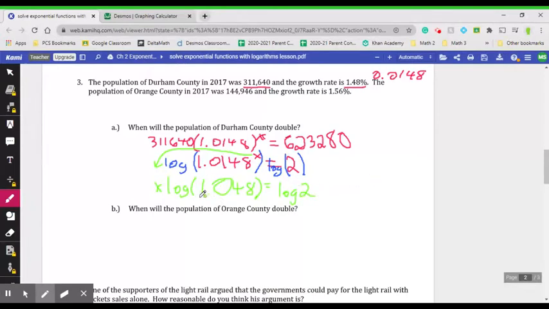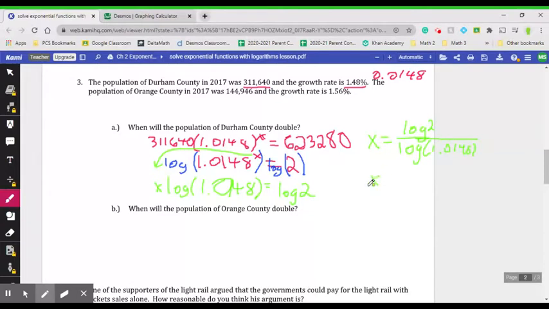And we just would divide by this logarithm. So our x value is going to be equal to the log of 2 divided by the log of 1.0148.